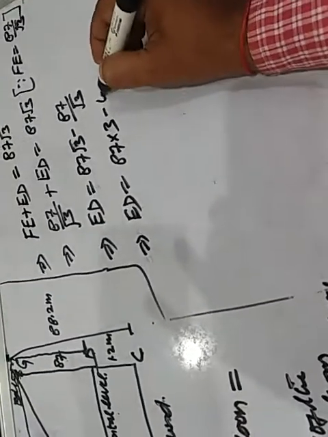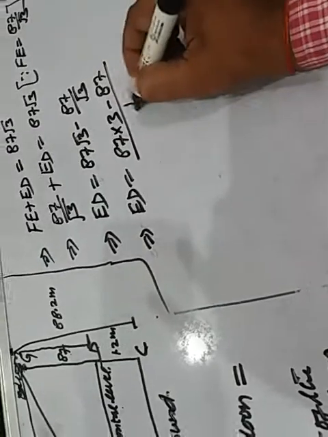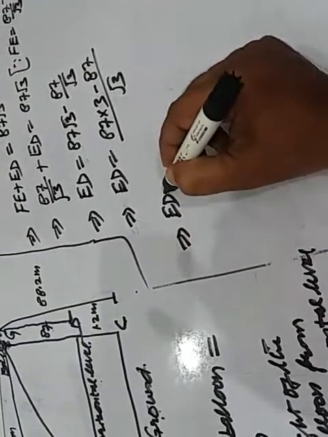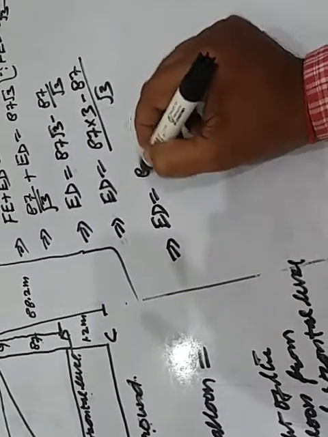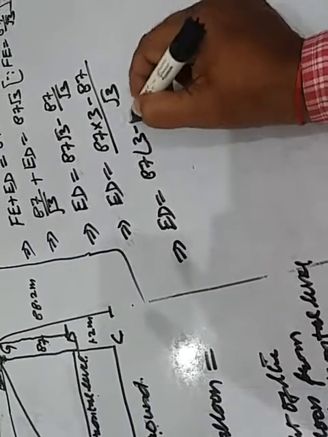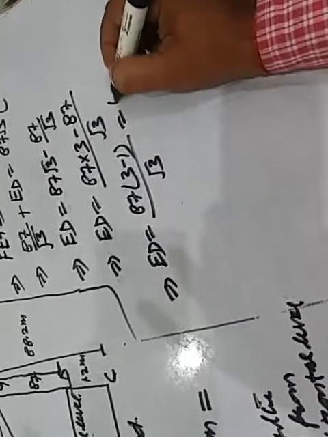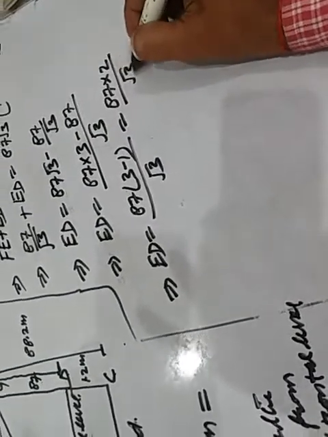By LCM, 87 into 3 minus 87 upon root 3. This implies that ED equal to 87 is taken out as common, and 3 minus 1 upon root 3. This is equal to 87 multiplied by 2 upon root 3.